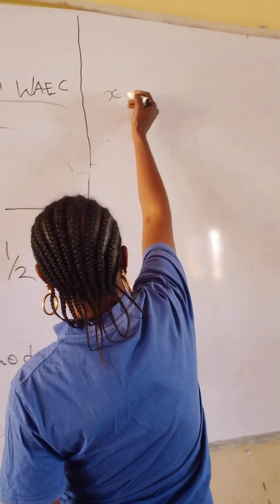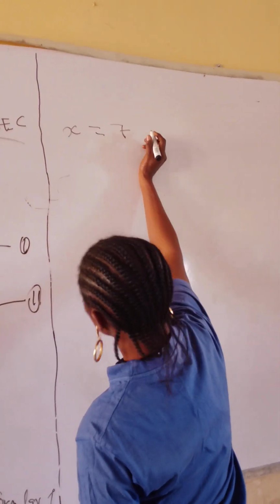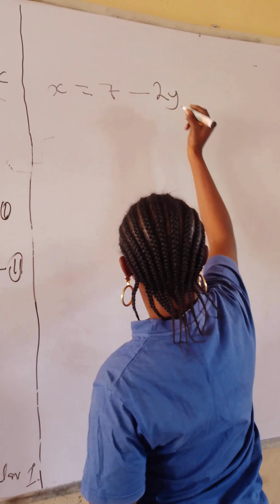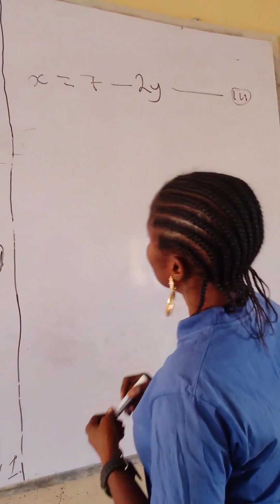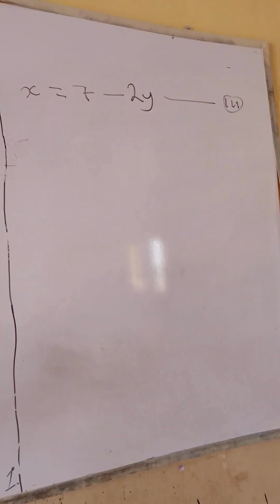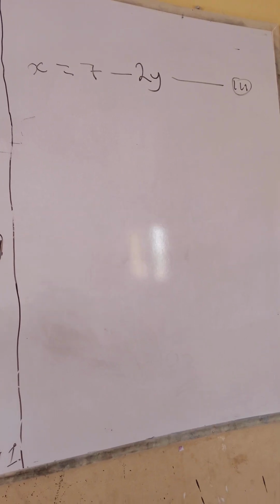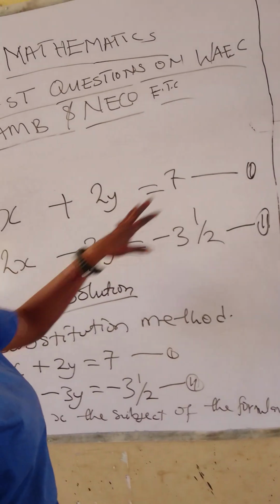Our x is equal to 7 minus 2y, which gives us equation 3. So now we're going to substitute equation 3 into equation 2, where our x will be represented with that.